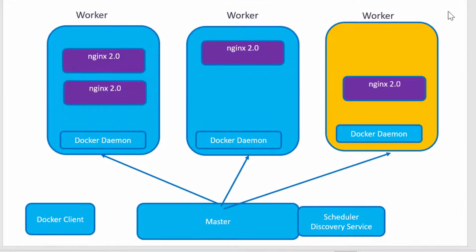Once I mark it as drain, the scheduler will not assign any new container to that specific node, and all the containers running in that node will get restarted on a different node.